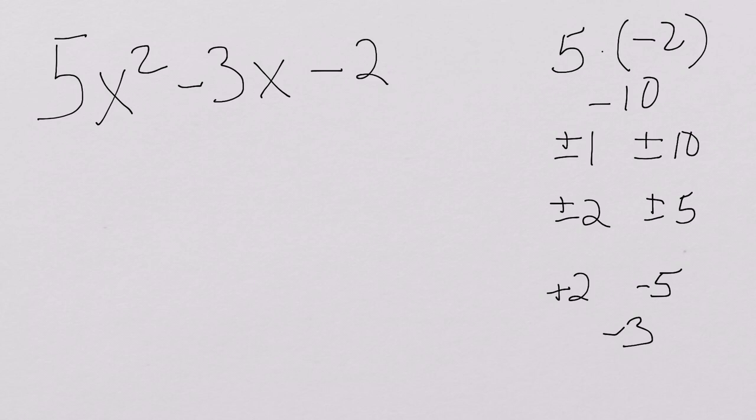Still not changing the equation, but what we are doing is just rewriting it to make it look a little better. So we're going to do 5x squared plus 2x minus 5x minus 2. Now here's where you have to be careful. You have this negative sign right here.